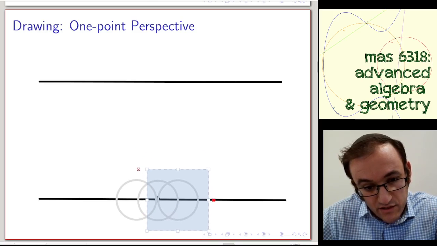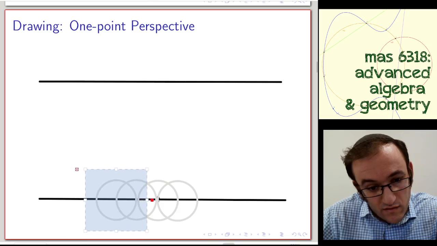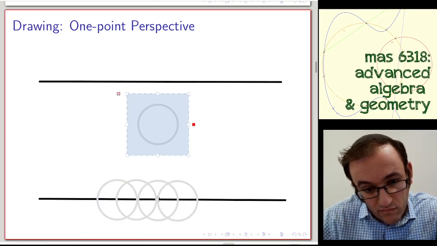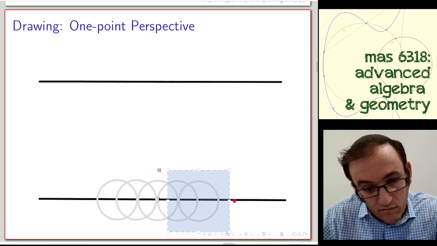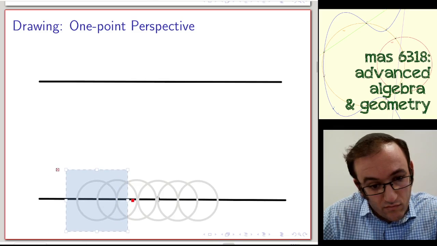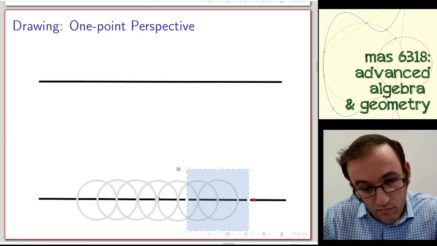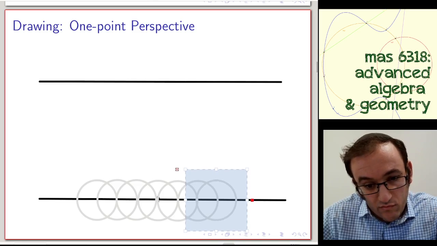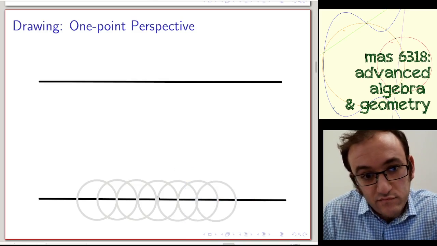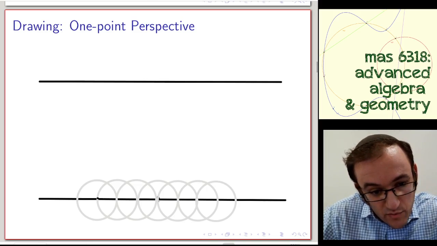Okay, this is essentially a compass construction for equal points along this line. Okay. And now we can start. Let's mark out all of our evenly spaced points.